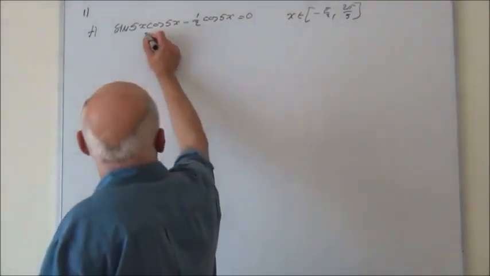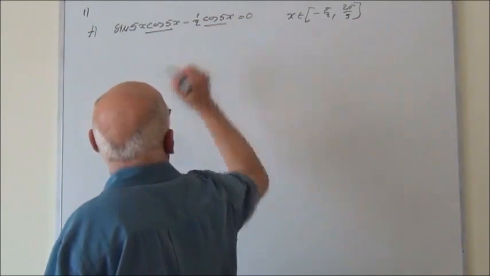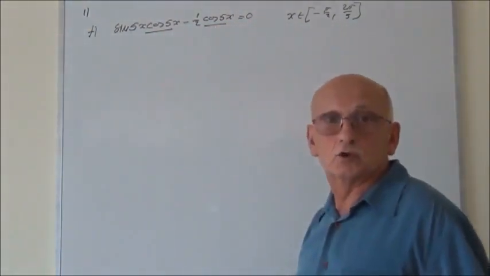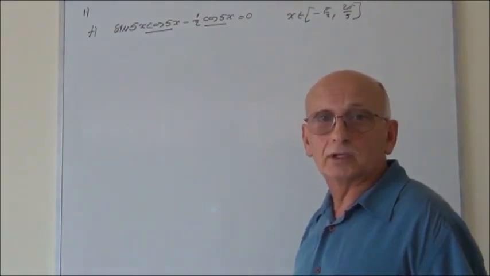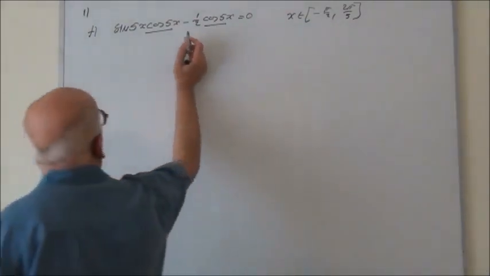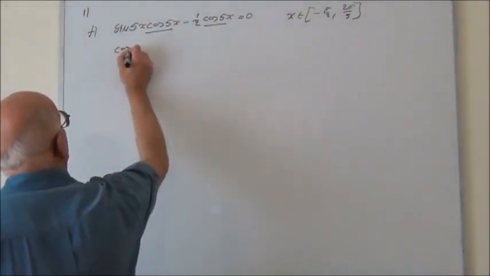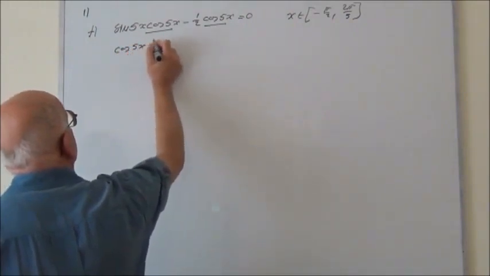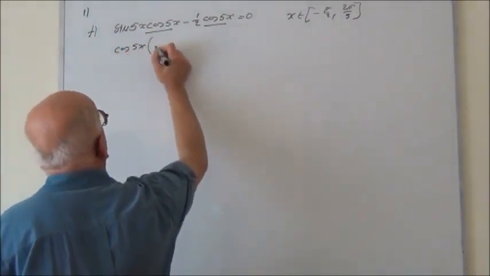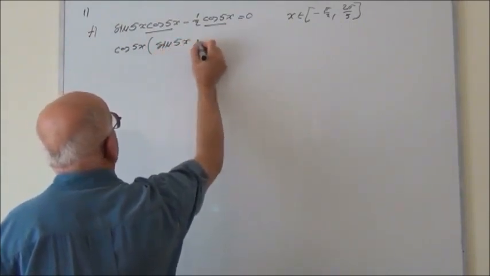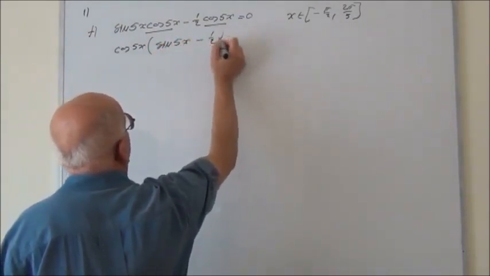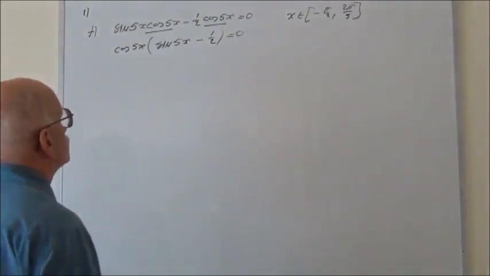So we learned in the last session to factorize this equation and to apply the null factor law. Taking common factor cos 5x, then in brackets we will have sine 5x minus half equal to 0.